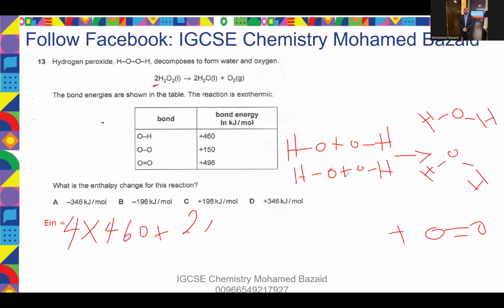So you have 2 bond, 2 multiply O bond O, it is 150. Let's start to find the summation. First of all, 4 multiply 460, it will be 1840 plus 2 multiply 150, it will be 300.